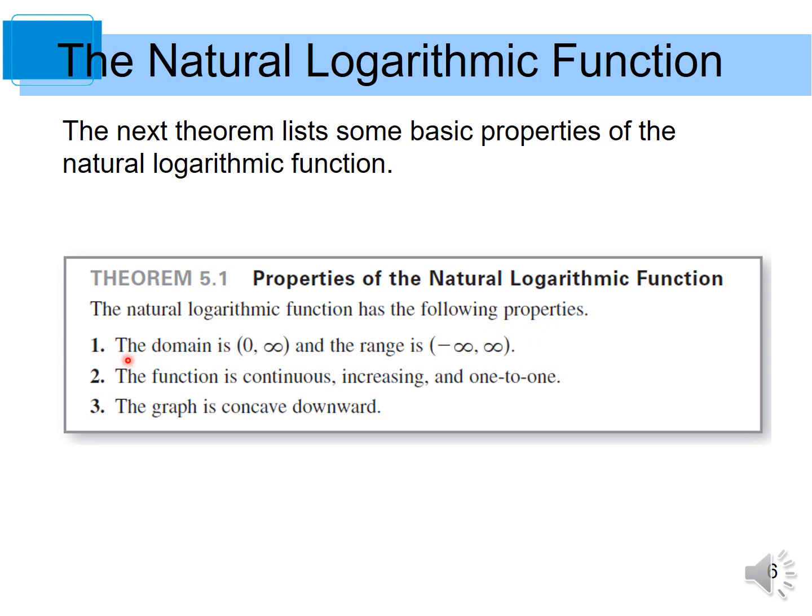First, the domain is from 0 to infinity, and the range is from negative infinity to positive infinity. The function is continuous, increasing, and one-to-one. The graph is concave downward.